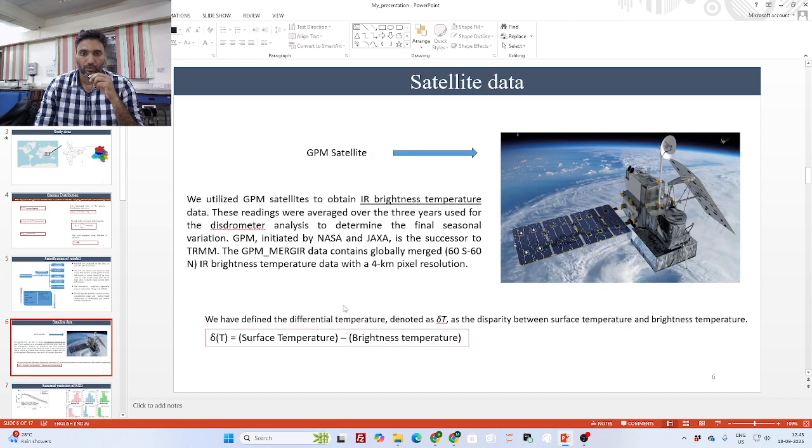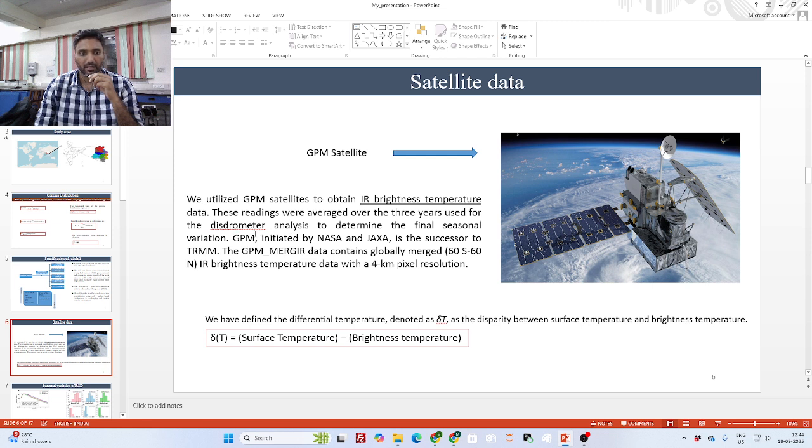We have also used some satellite data, which is the GPM satellite data. We have obtained the IR brightness temperature from the GPM, and these IRBT readings were averaged over the 3 years from the period from which we have used the data from the distrometer.